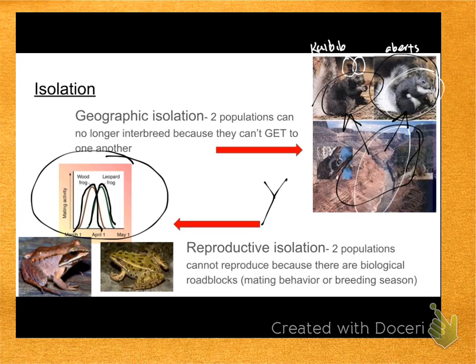If they have different numbers of chromosomes, even if they manage to get their eggs and sperm together, they don't form an embryo. This species' sperm can't fertilize this species' egg. They're not going to reproduce together. So reproductive isolation means they're side by side, they're neighbors, they can talk, they could exchange eggs and sperm, but for some reason they don't. There's some biological reason that they don't do that. Okay.